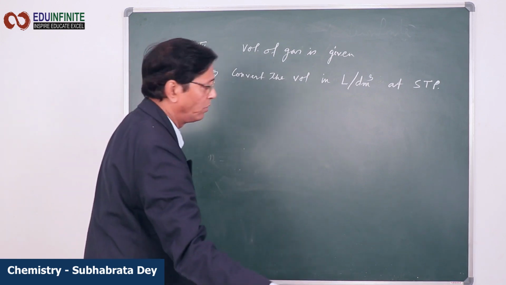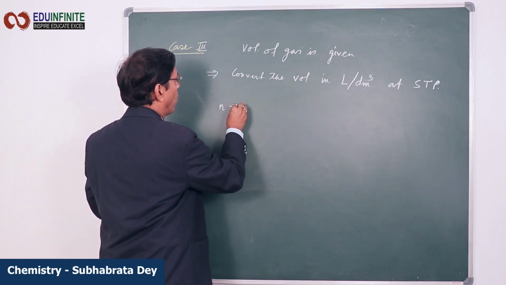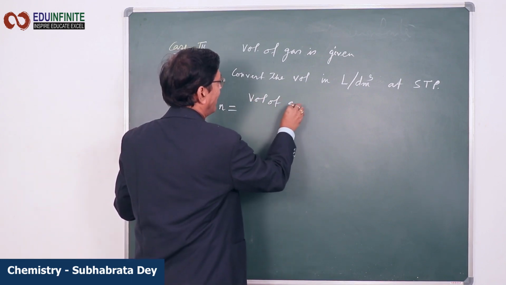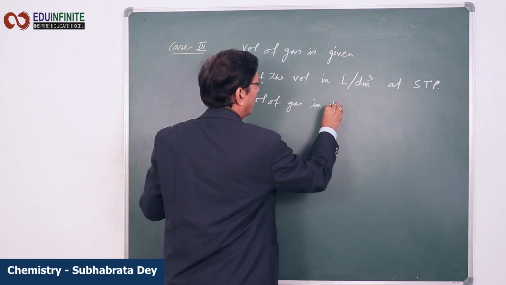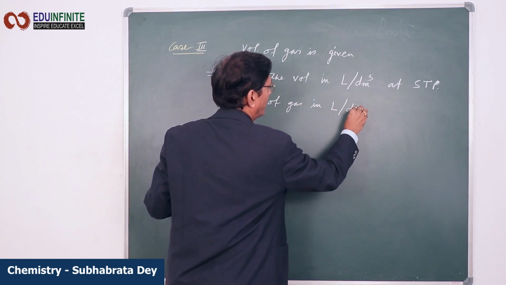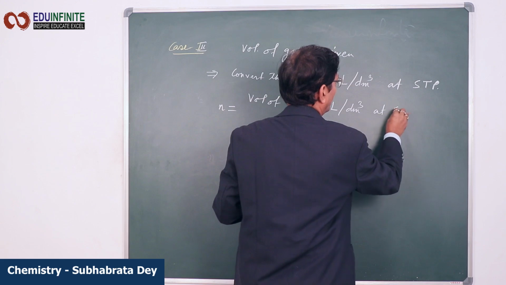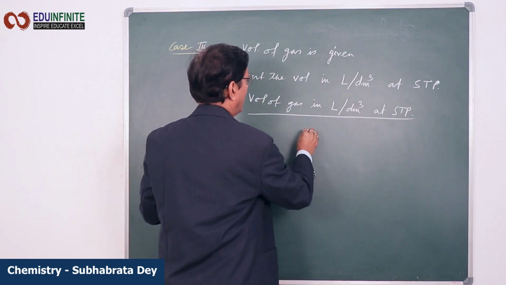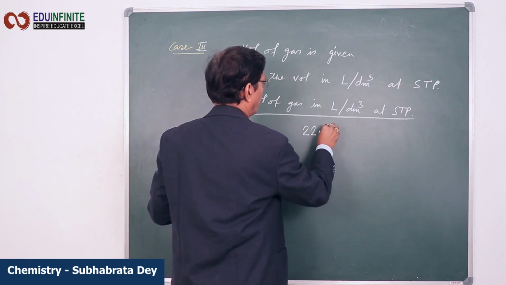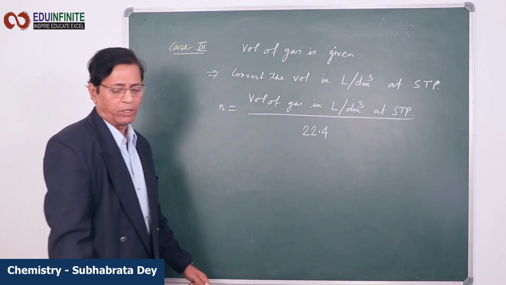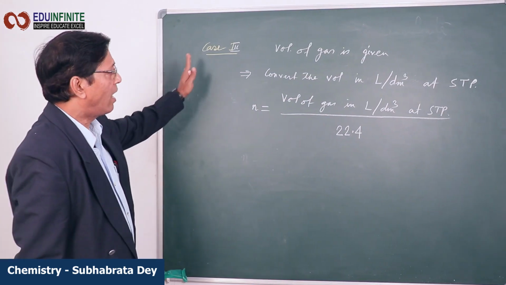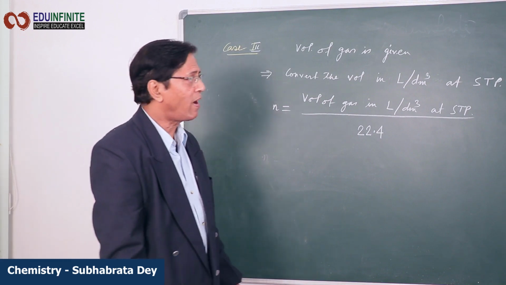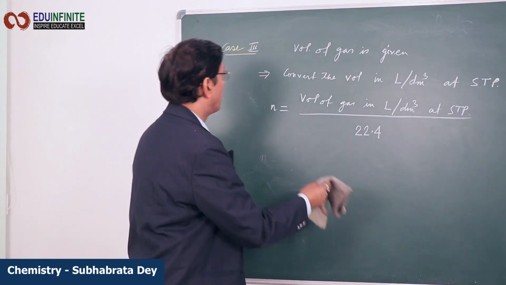After that, the number of moles will be the volume of gas in liter or decimeter cube at STP, which you have already deduced, divided by 22.4. So these are the three cases by which we can find out the number of moles.